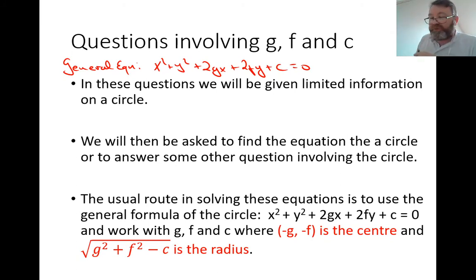If we're working with g and f and c, then our job in all of the questions you're about to see is to build three equations in those variables, and they will always give you the correct amount of information to be able to build three equations. And then we fall back on our knowledge of algebra, because all we've got to do then is to remember, how do we solve three equations in three variables? And the answer is by reducing them algebraically down to one equation in one variable, because that's the only way you can solve in algebra.